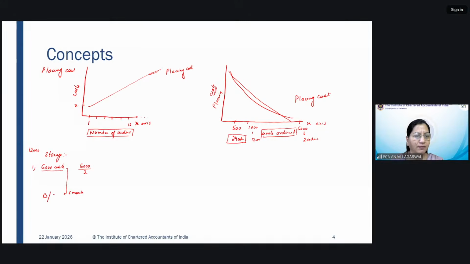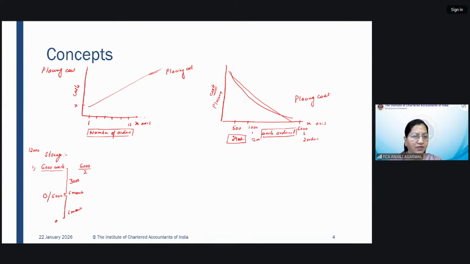And then again, you will buy another 6,000 units, which will again fall to zero through consumption in another 6 months. So in this entire 6 months, on an average, there was a day when you were holding 6,000 units, and there was a day when you were holding near zero units, which you have consumed from 6,000 to zero. So on an average in this 6 months, you were holding 3,000 units.